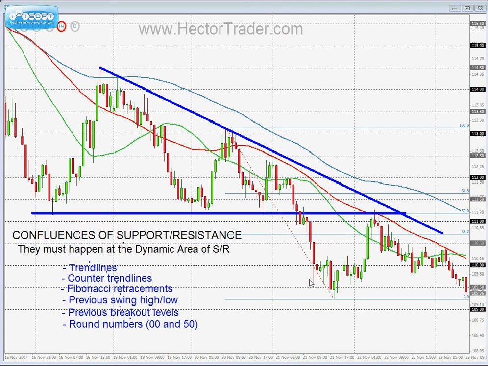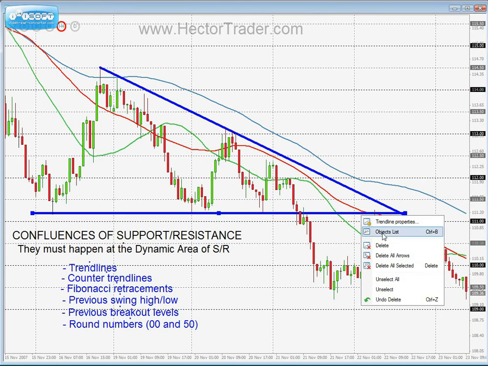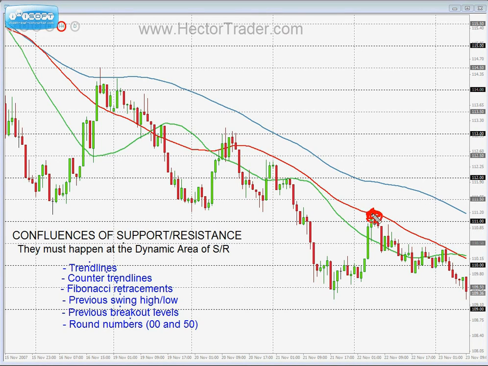Yes, in my opinion, this is a valid setup. This is indeed at that level, the 11100 level. We have indeed an area of many elements of resistance coming together in a downtrend within the dynamic area of support and resistance.